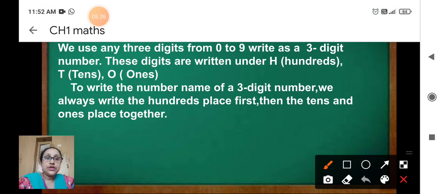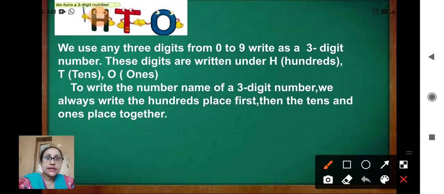Today we will be doing hundreds, tens, ones. You can see H, T, O. We use any 3 digits from 0 to 9 to write a 3-digit number. Okay? Now say any 3-digit number, from 0 to 9 select.